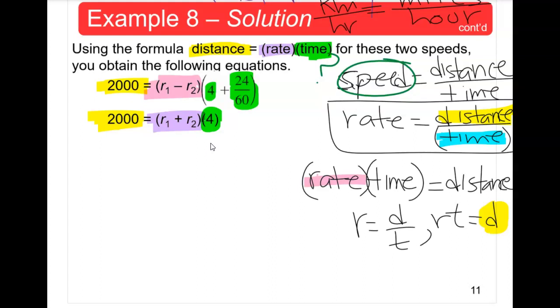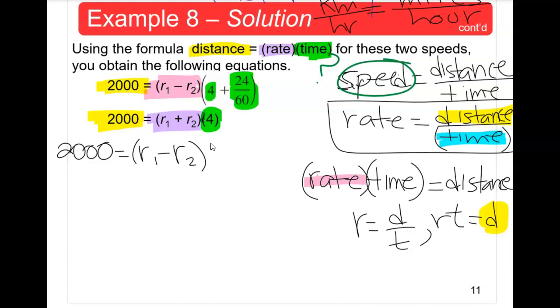So now what we're going to do from here is we're going to rewrite the system so we can work with it. So we have 2,000 here. And what I'm going to do is add the two numbers, so the 4 plus the minutes.